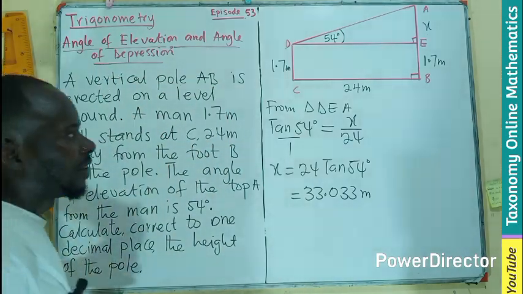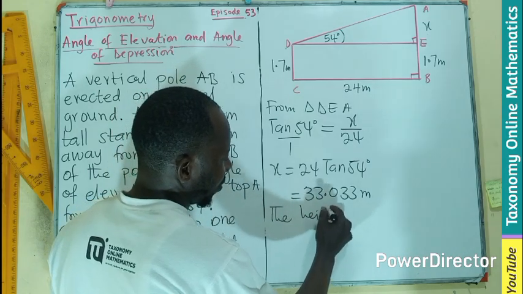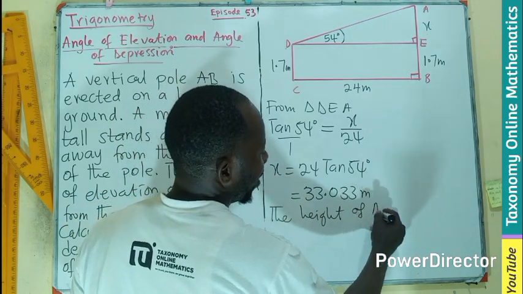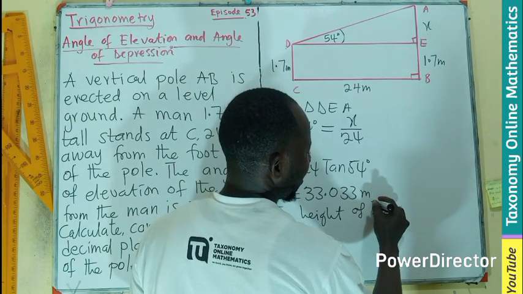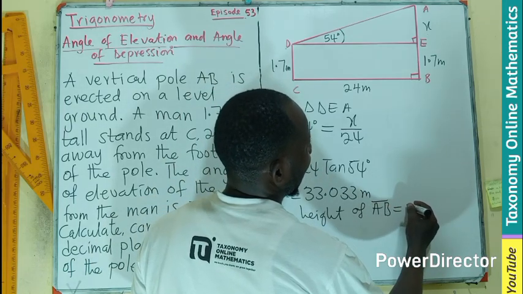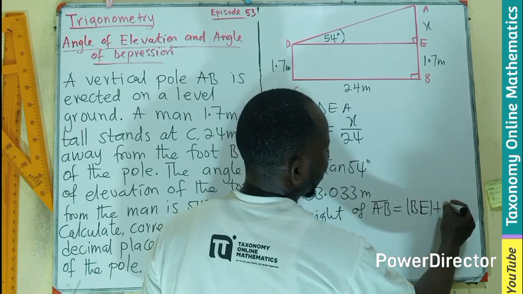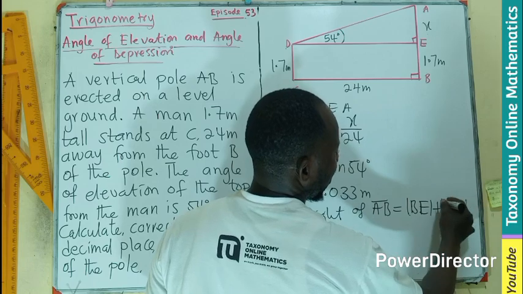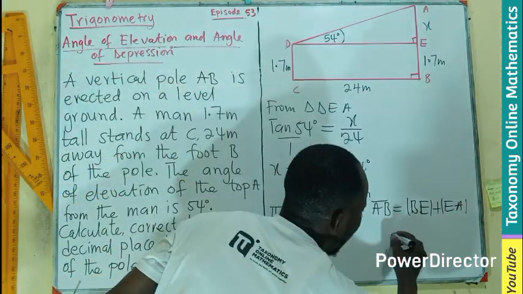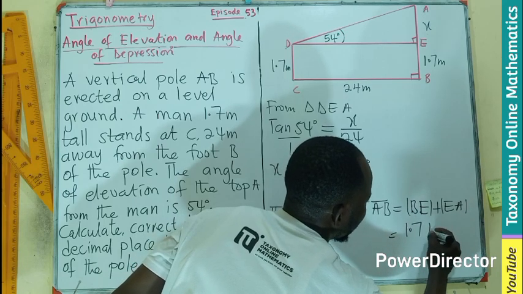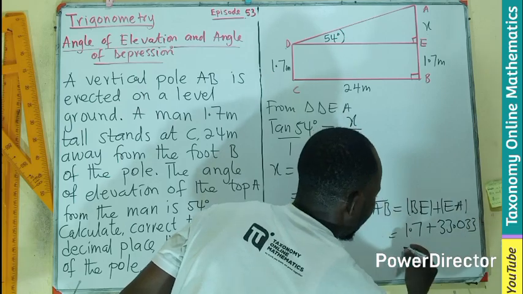But we are looking for the height. So the height of AB is equal to the length of BE plus the length of EA. If that's the case, I know the BE as 1.7. I just found this as 33.033.